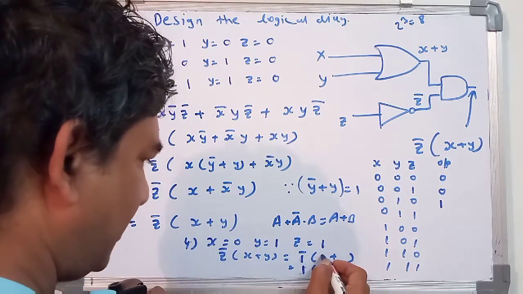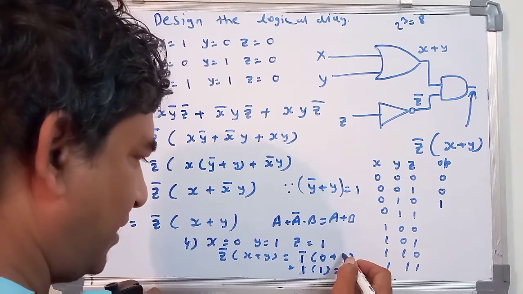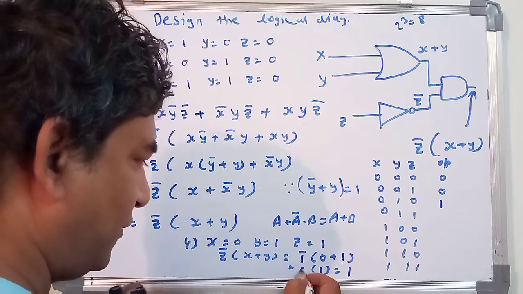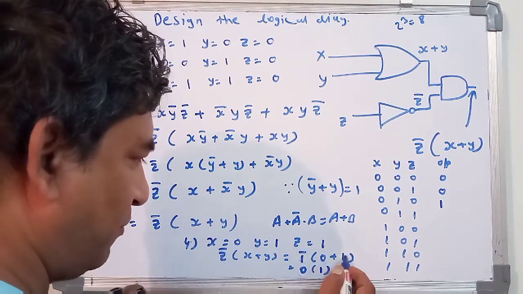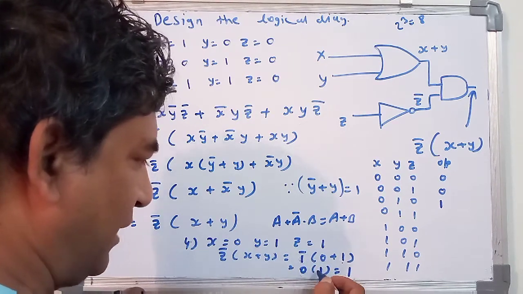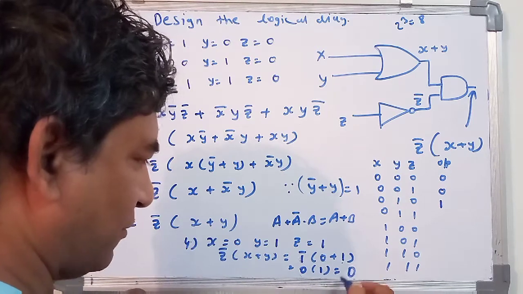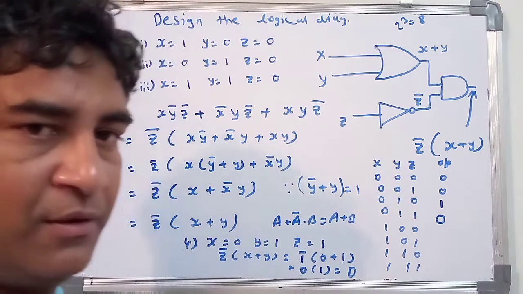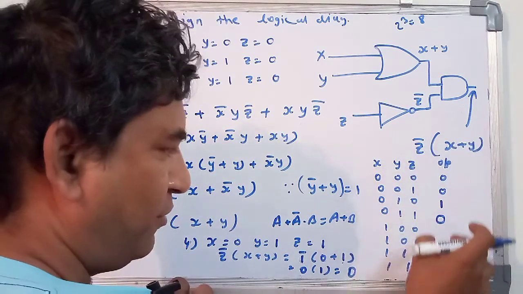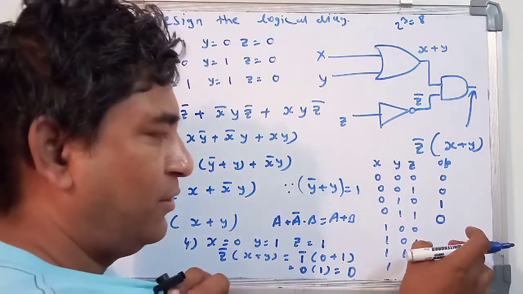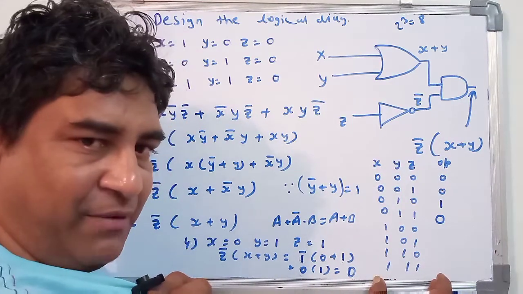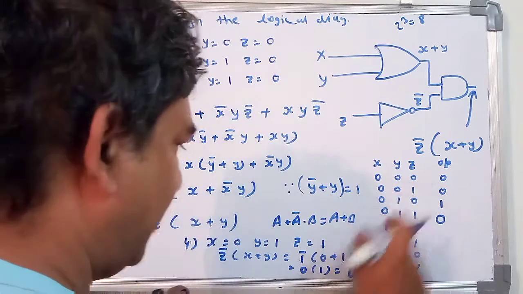The value for x is 0 and y is equal to 1. This one is nothing but 0 bar. 0 plus 1 is 1, 0 multiplied by 1 it is 0. So here you will be obtaining the value as a 0. Okay, in this way you have to write down the whole output of the xyz variable. Okay, we will solve all the things.